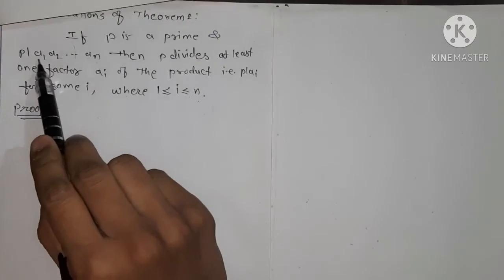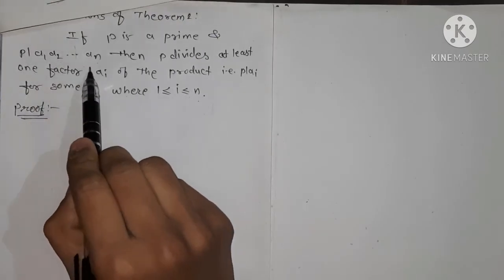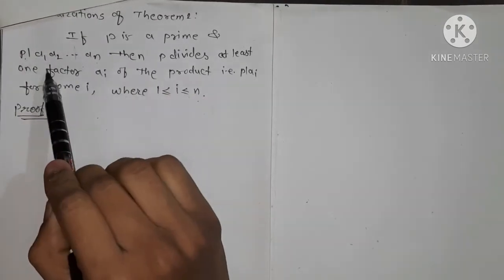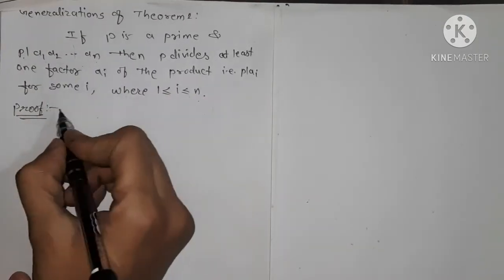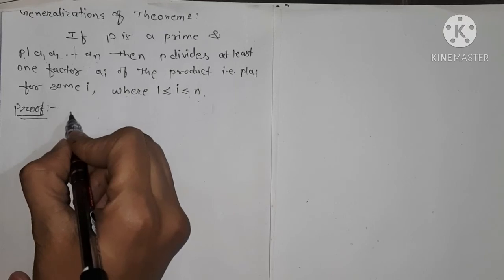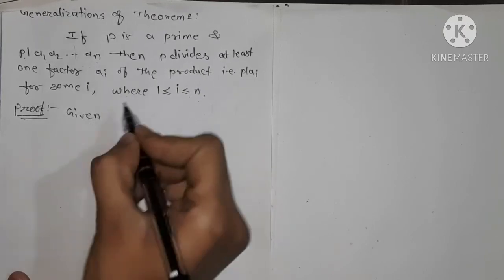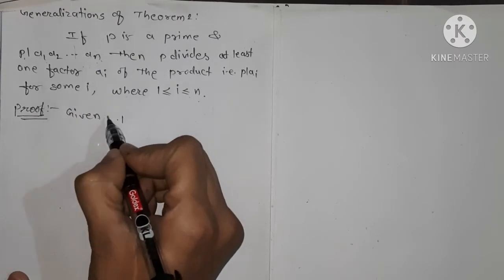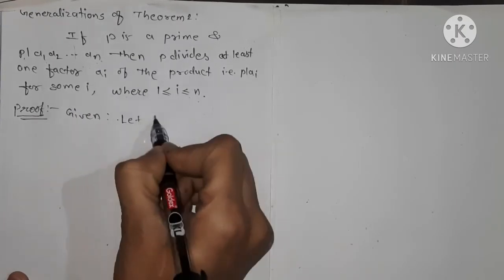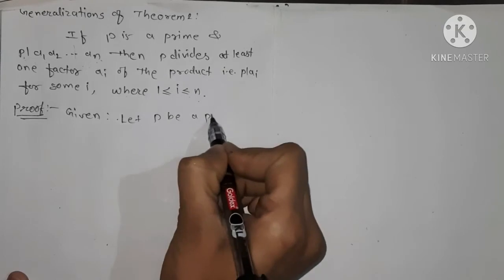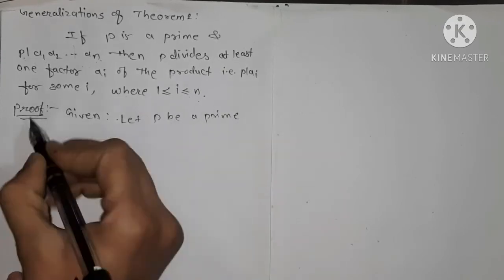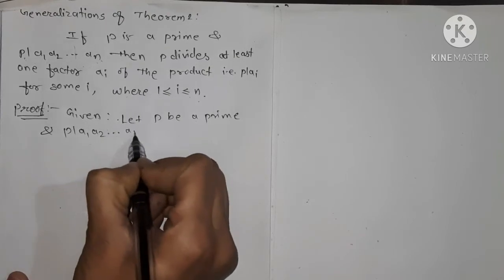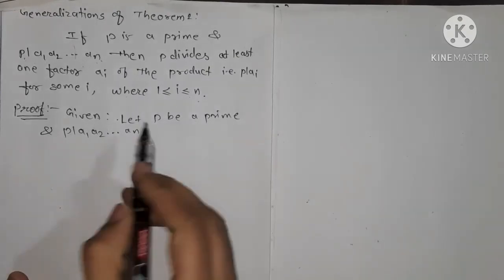So first we have to prove this here. To prove that P divides A1 A2 up to AN, we prove for n equals to 1 that P divides A1. So what we are given is, let P be a prime and P divides the product A1 A2 up to AN. Okay, this is our given.